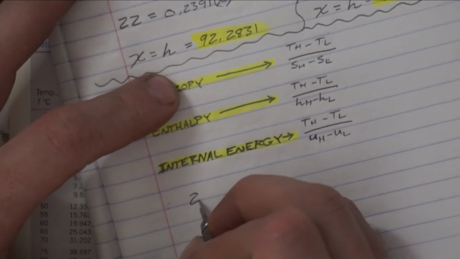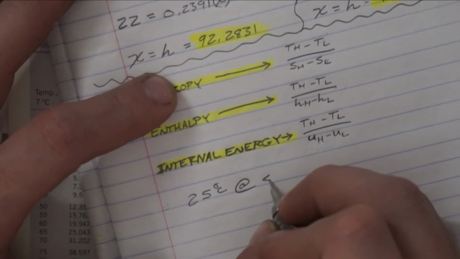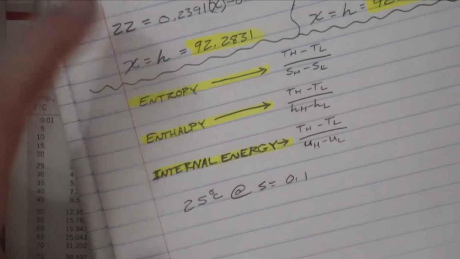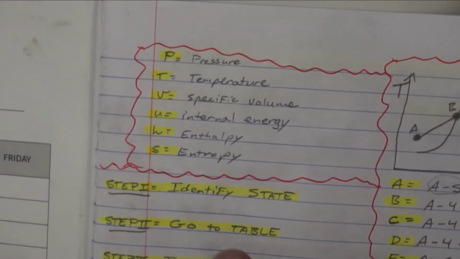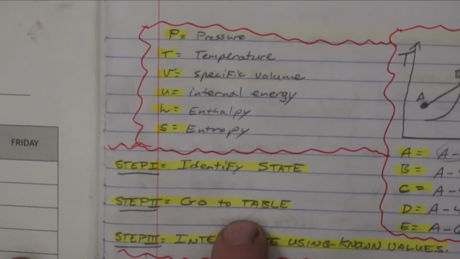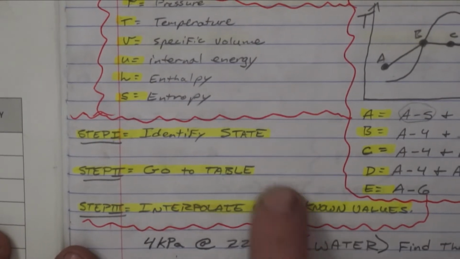Let's say we have that entropy number for 25C, so 25C at S equals 0.1. From this value, we follow the steps again: identify the state, go to the table, interpolate using known values.